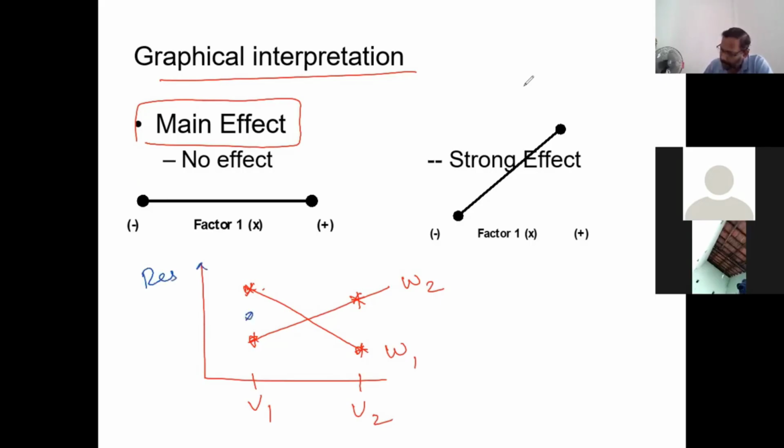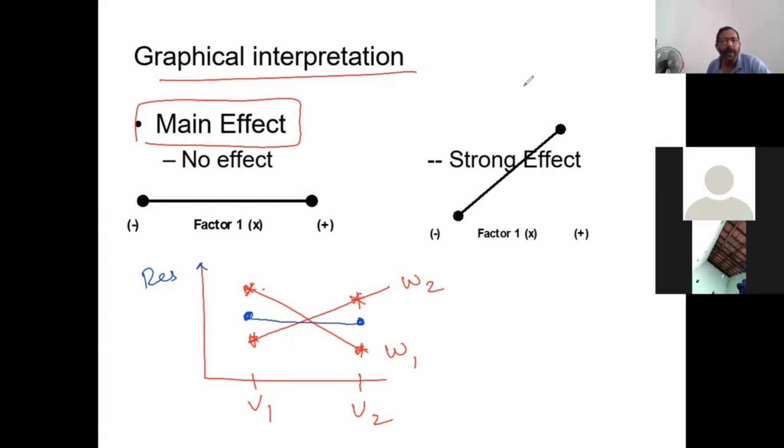Average of V1 is the average of these 2 points, average of W1 and W2 when variety is V1. That is the average of that. This is the average of variety 2. If you connect these 2 lines, draw it very carefully.